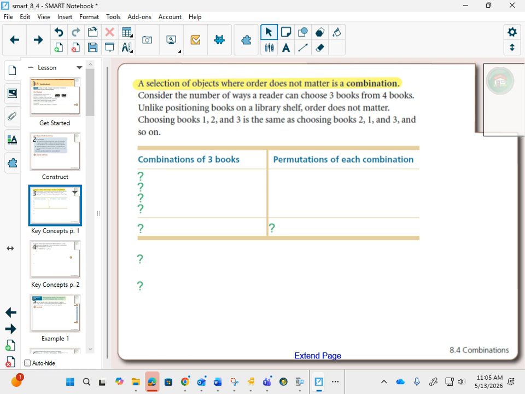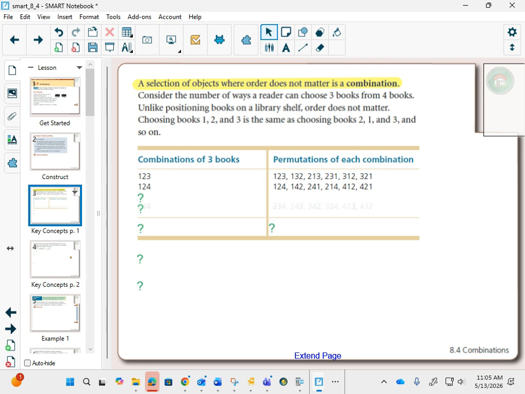The order didn't matter. So taking books 1, 2, and 3, that's one combination, even though it would have been 6 permutations. 1, 2, and 4 has 6 permutations, but only 1 combination.